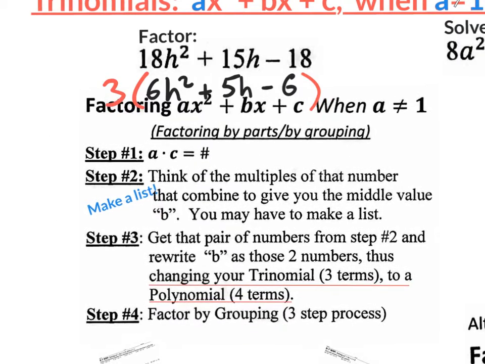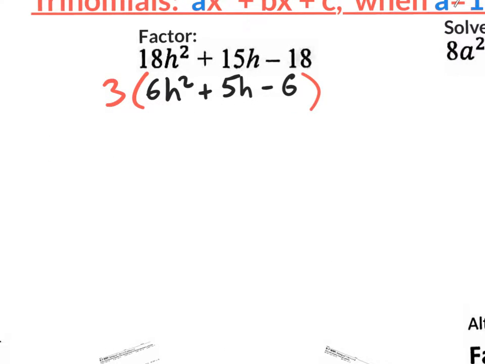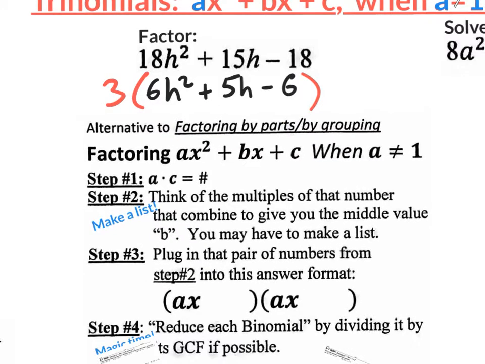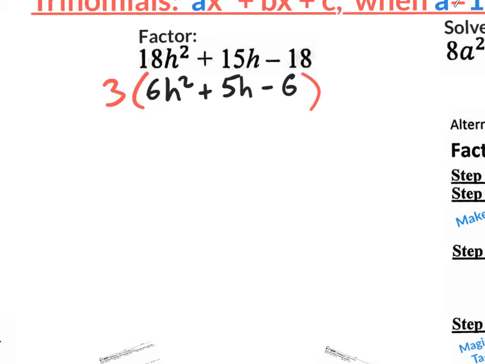Should we go with factoring by grouping, or should we go with the magic shortcut method? Magic shortcut method. All right, so either way, whether you do factoring by grouping or the magic shortcut method, you still have the same 2 steps. And the same 2 steps are, step 1, multiply a times c. So everybody, let's do a 1, and let's multiply the a value of 6 times the c value of negative 6. So, yep, a times c is negative 36.